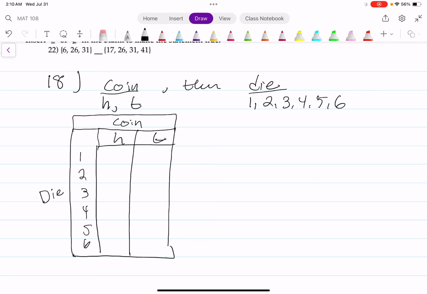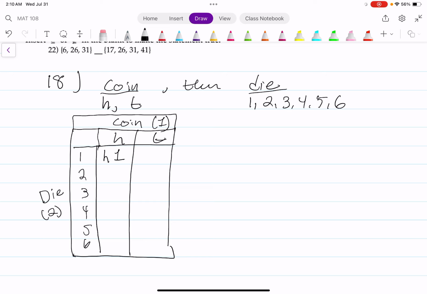And then we can write the sample space out in roster notation. So the coin is first, so I'll put a 1 here. The die is second, I'll put a 2 here. So one outcome I could receive is tossing a coin, landing on heads, and then getting a 1 when I roll the die.